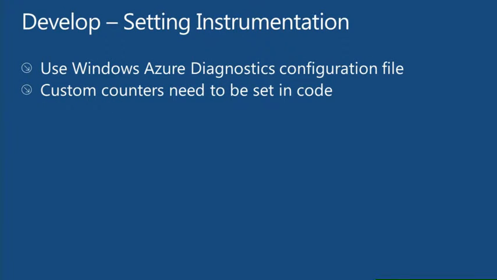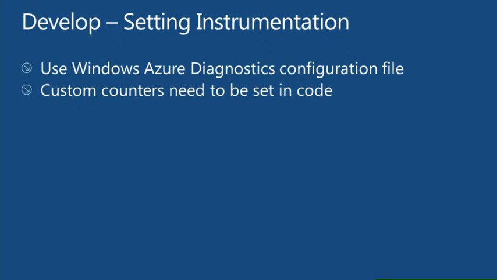When we talked about Azure Diagnostics, what it does, there's a bunch of different ways to configure it. And you can do it with PowerShell, you can do it on the fly, you can control the interval. The best practice that we really found is to use what's known as the Windows Azure Diagnostics configuration file. So I'll go into a demo right after this slide about that.